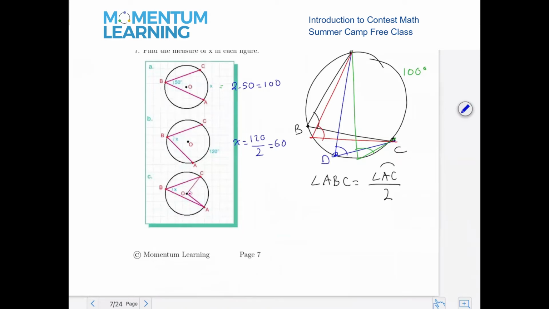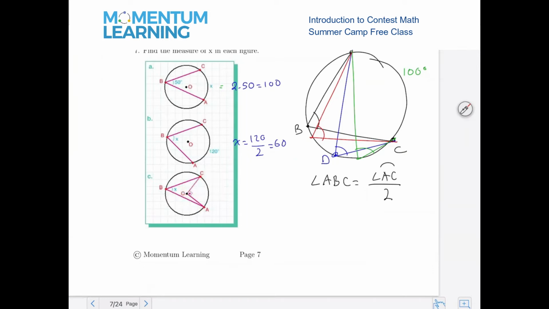Again, it is inscribed. And over here, now let's take a look at here. We know that CBA is across from arc AC, but we do not know what AC is now. But pay attention that we have another angle that is drawn, which is COA, and O is the center of the circle.